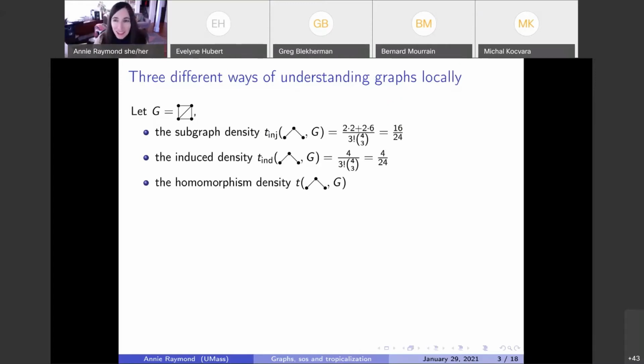So anybody in the chat want to venture a guess for how many maps send edges to edges here? Or if anything is unclear about what I'm asking, please do ask.